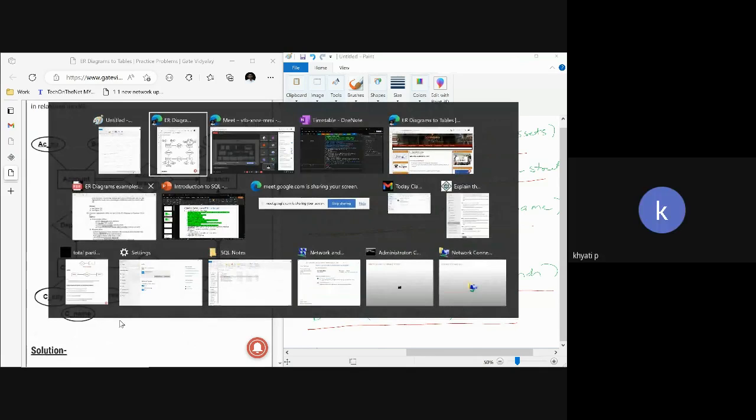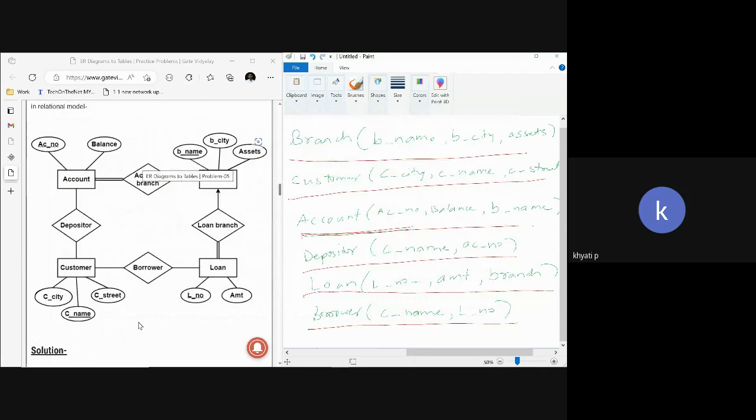We are creating one extra table with two primary keys whenever we see something like this depositor. That is nothing but a many to many relationship. Yes, many to many relationship, correct. Every time we create the accounts table and customer table, will the depositor table get created by default?